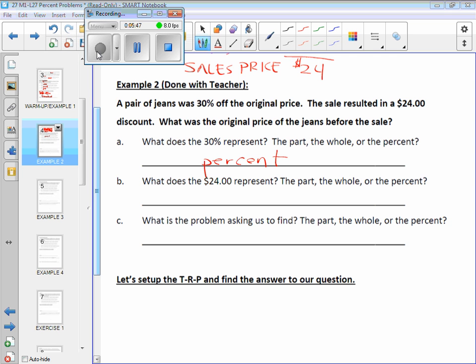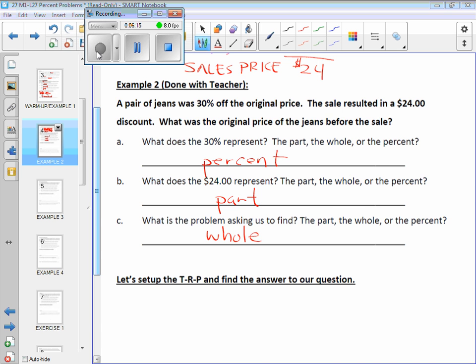The $24 is a pair. Go back. A pair of jeans is 30%. The sale resulted in a $24 discount. That's not the original price. They're asking you to find the original price. So 24 is the part. Good job, Stevie. And in this case, they're asking you to find the whole, what's called the original price.